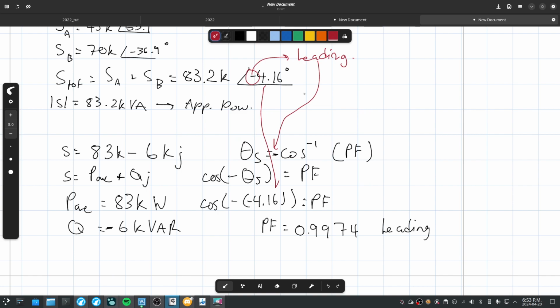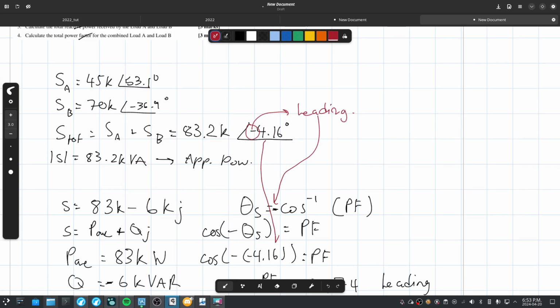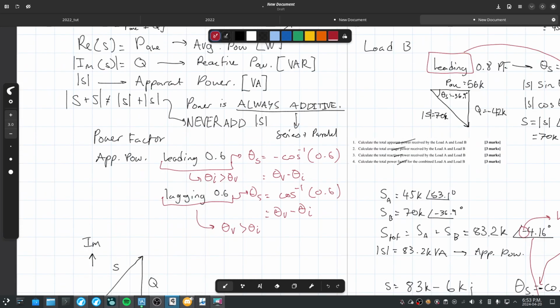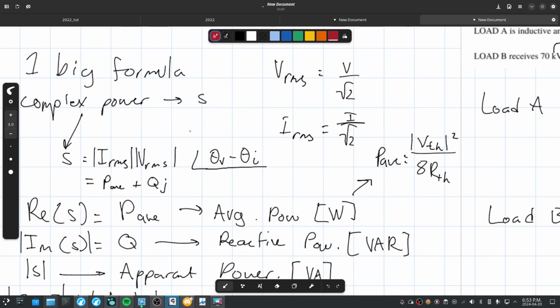You're not doing question 5 or question 6? This is question 5. There is no question 6 though. This is the last question. Does a phasor voltage and current not matter? I'm not sure what you mean. Are you saying that the degree of the voltage doesn't matter? No, because if you look here, this is the degree of VRMS and IRMS.